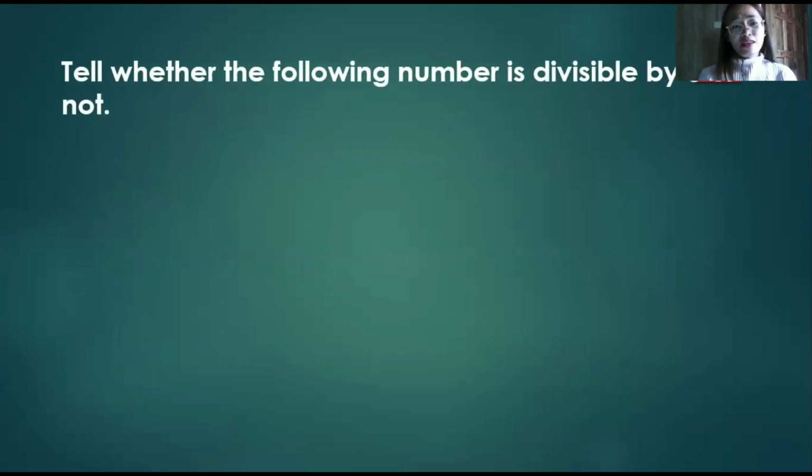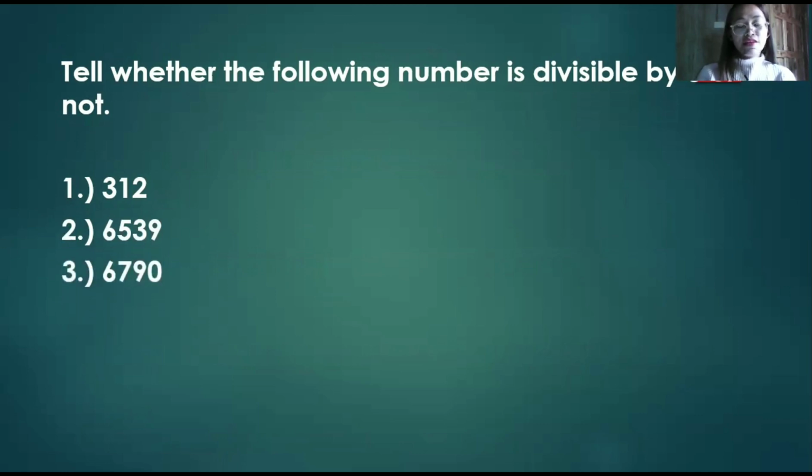Again, tell whether the following number is divisible by 5 or not. Number 1, 312. Number 2, 6,539. Number 3, 6,790. And number 4, 1,255. Tell whether the following number is divisible by 5 or not.